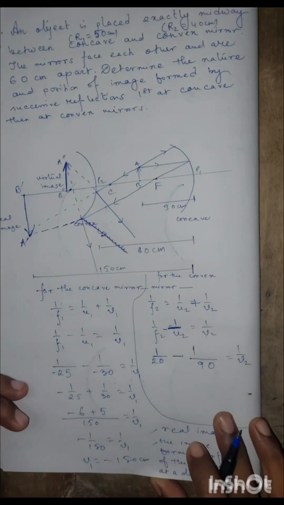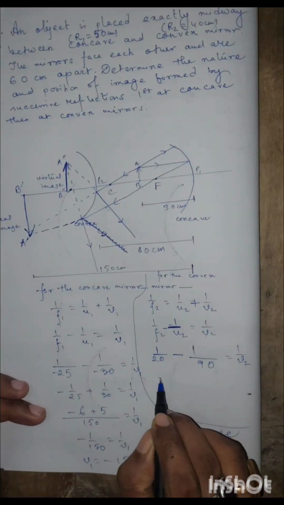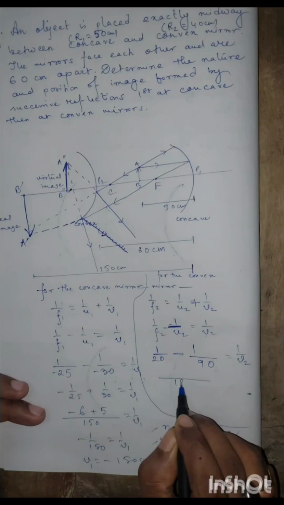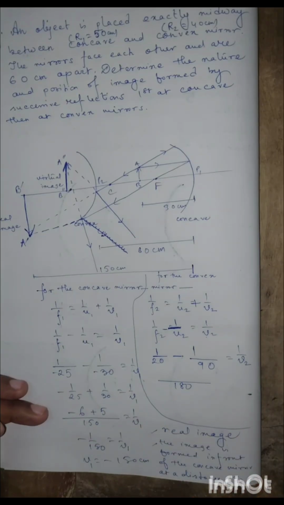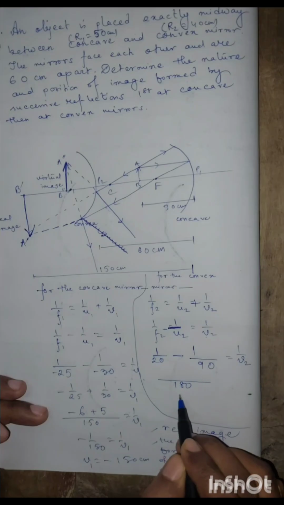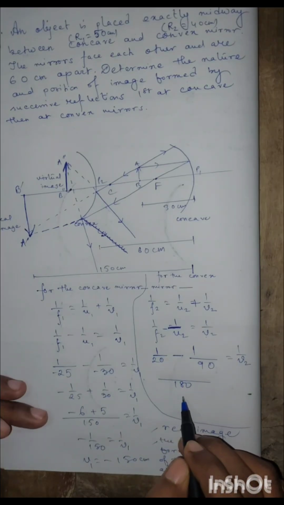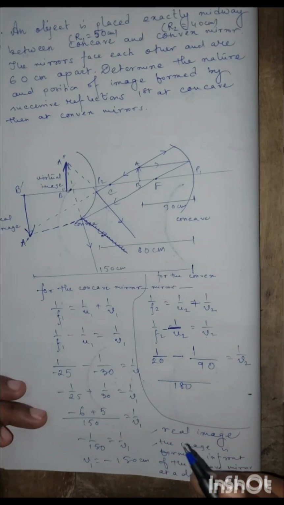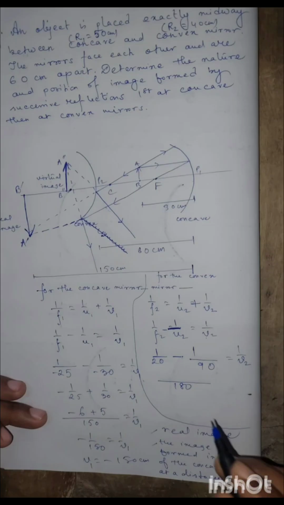So if we simplify it, we get 180. 180 and 20. When we divide 180 by 20, we get 9.